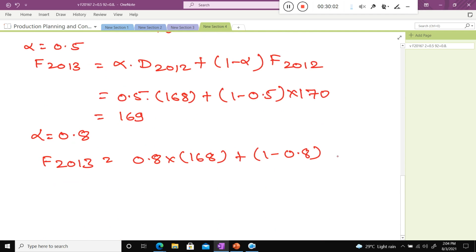Okay, 1 minus 0.8 into what is the ft value I need to put here, class? 176. Very good, very good. So here 176. So what will be the value? 169.6.